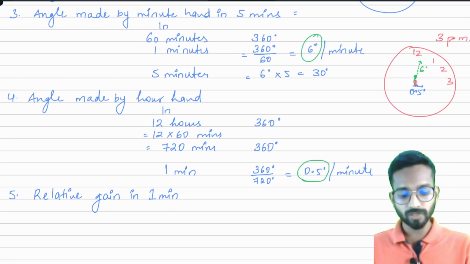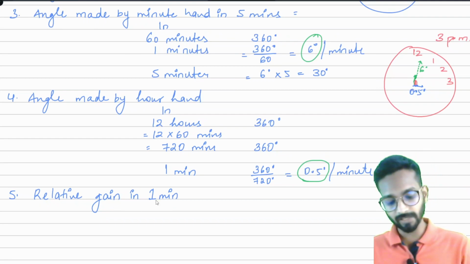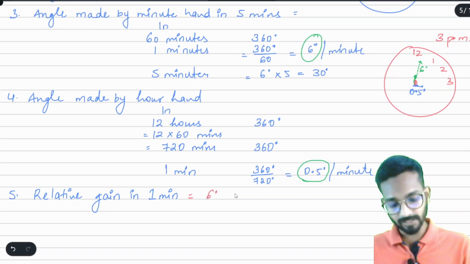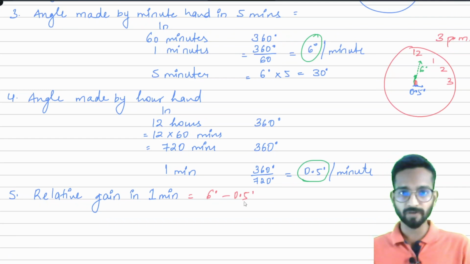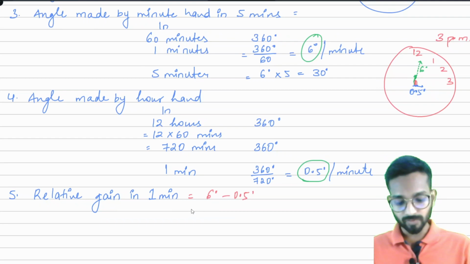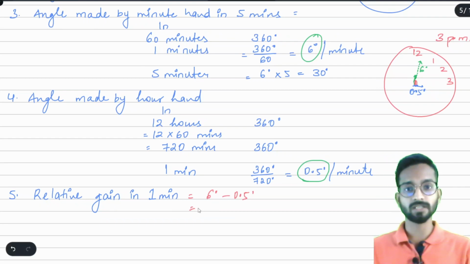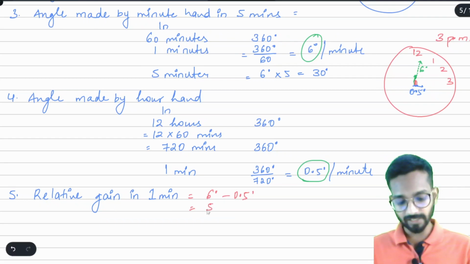So here they are forming a new angle, and what is that angle? See, relative gain in 1 minute is 6 degrees minus 0.5 degrees, because the minute hand moved 6 degrees and the hour hand moved 0.5 degrees. So what is the net increase? Net increase is 5.5 degrees per minute.